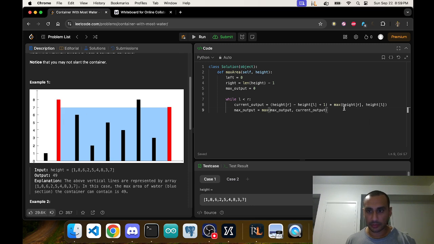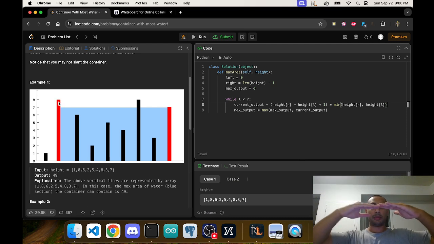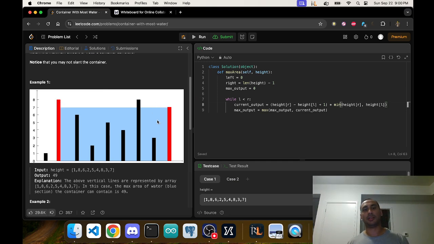So, oh no, it's min height. I want the max value, which is the output, but the min height. You see what I'm saying? Because if you have 8 and 7, the 8 overflows. You only get what matches. So 7 is going to be the pick.